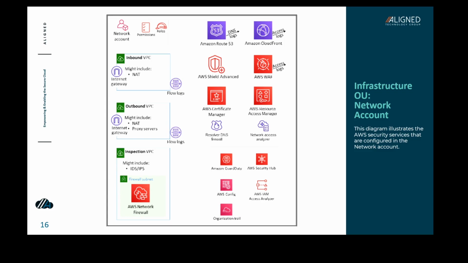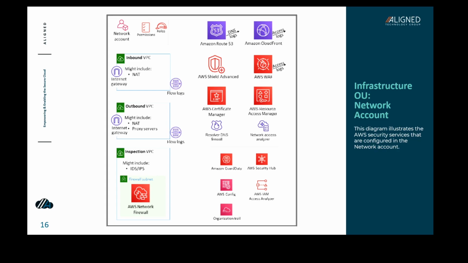And you can see there in the top left corner you have the inbound VPC, the virtual private cloud. It has an internet gateway. It might include network address translation. It produces flow logs. Then you have that outbound VPC. That's where you put your proxies, right, your forward proxies.